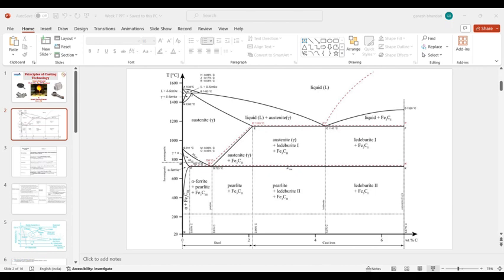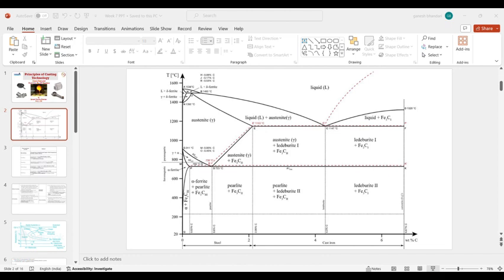Then we come to the martensite phase, and sometimes we also talk about bainitic steels. The bainite phase is also metastable, but you can't see that phase in the iron carbide phase diagram, because for creating that phase you have to provide some extra effort during your heat treatment processes, which we will talk about later on.